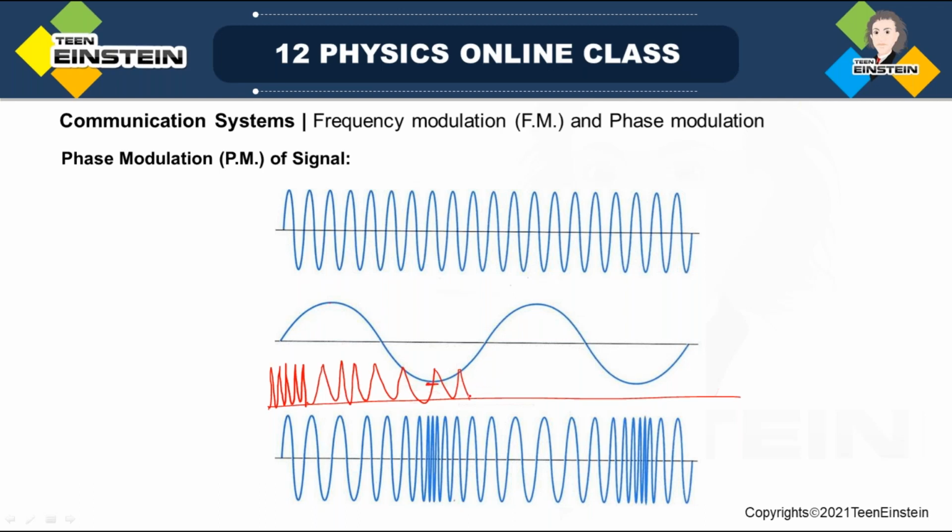Again the phase angle is increasing this way, so you will have greater frequency over here. Again from here you will get greater frequency, and after that frequency will again be decreasing like this. So this figure has some issue. I'll show you the correct figure in the next class.